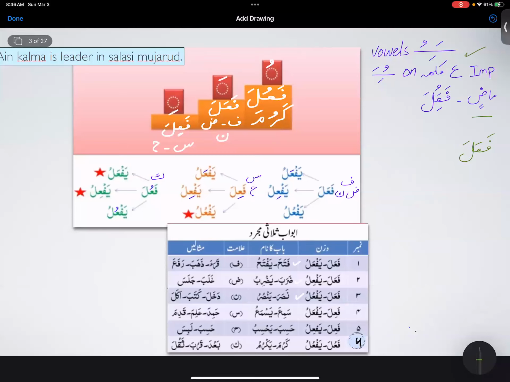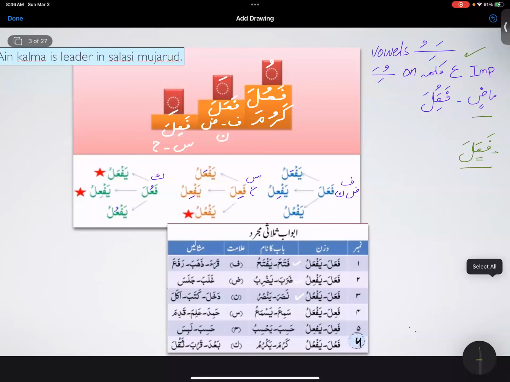We could use Nasara, Daraba, right? But you're going to find mostly in grammar books the fa'ala wazn, right? So fa'ala, and then what could be the other versions? We are just focusing on the ain kalima. So we need to give variation on the ain kalima.